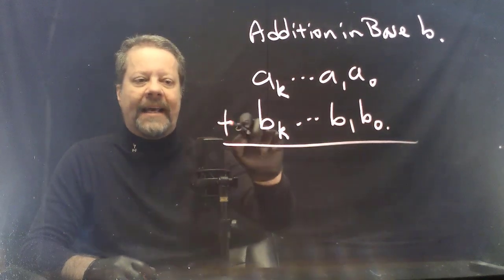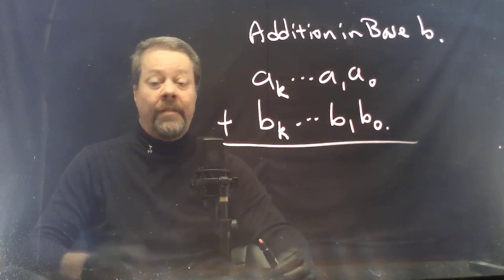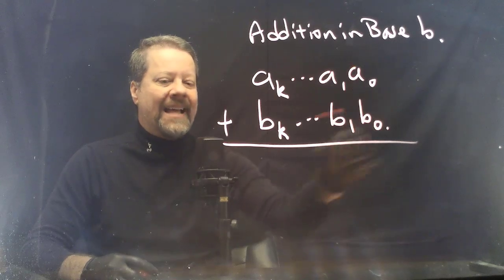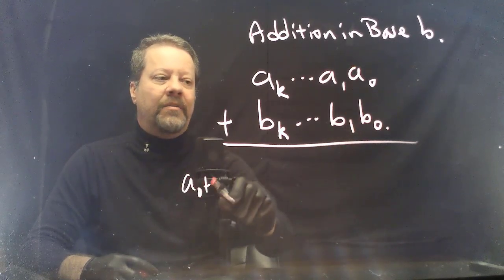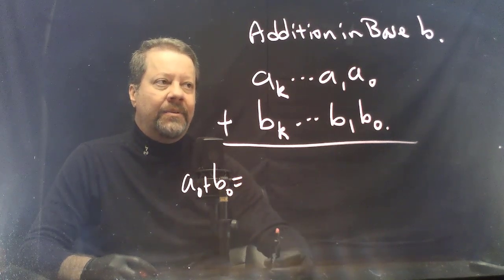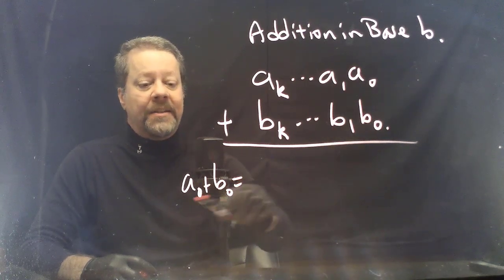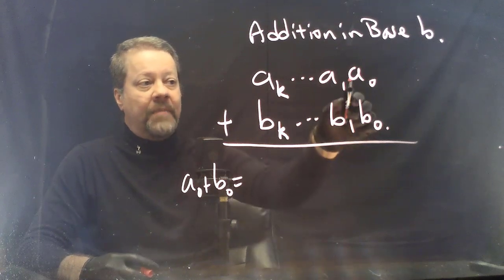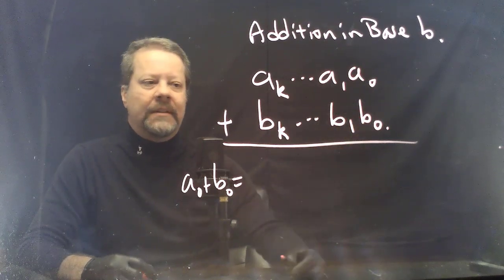And we're trying to add these. The first thing you would do is you would add A0 plus B0. And you would convert that to base B, because if this is 1 and this is 1, you get 2. That's too big.